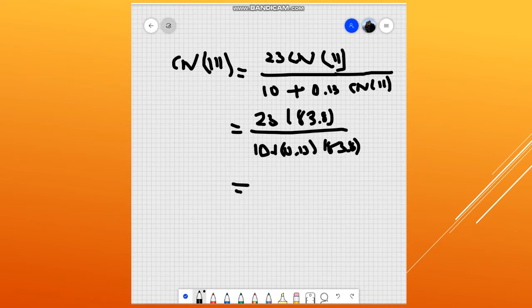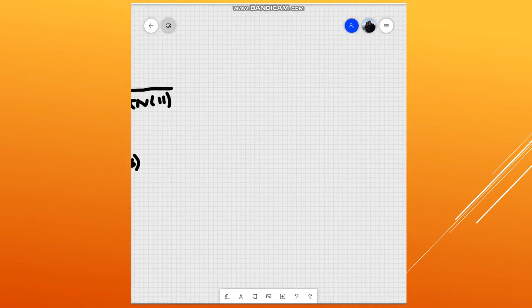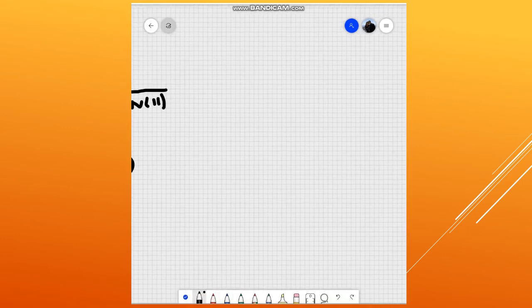When we calculate this, for the wet condition the curve number is going to be 92.3.